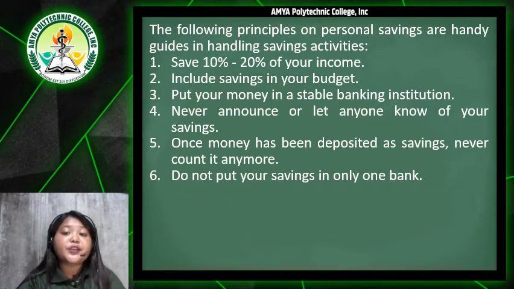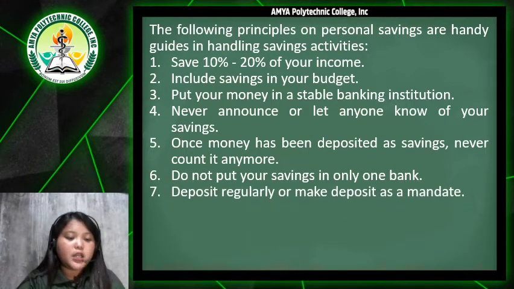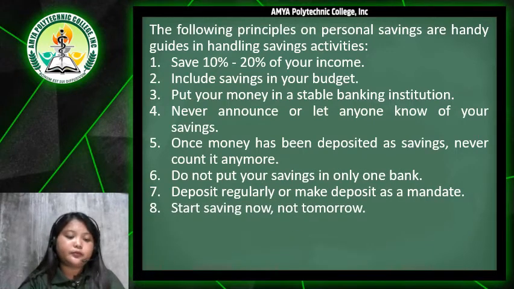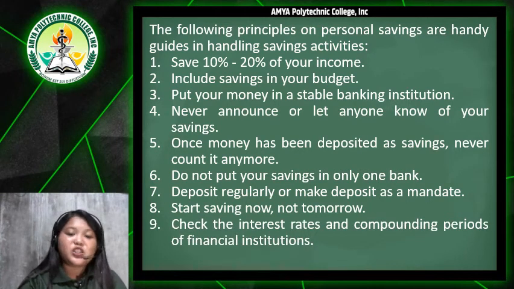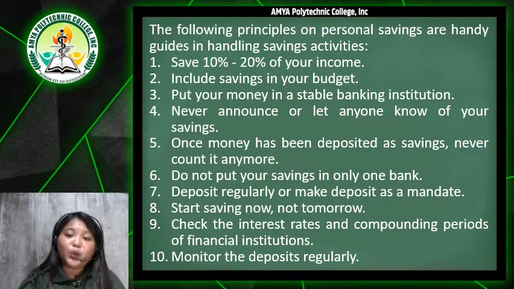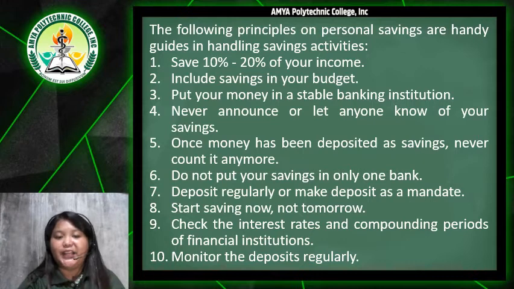Do not put your savings in only one bank. Deposit regularly or make deposits mandatory. Start saving now, not tomorrow. Check the interest rates and compounding periods of financial institutions and monitor the deposits regularly. So that is for the principles on personal savings.